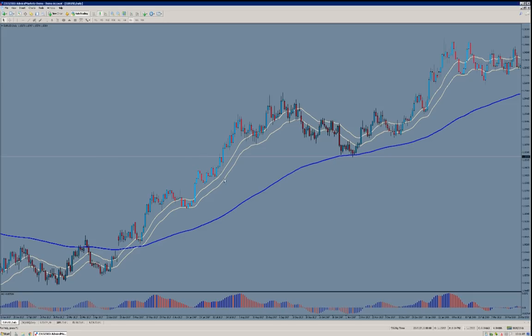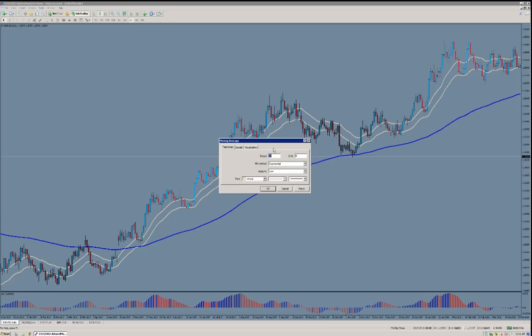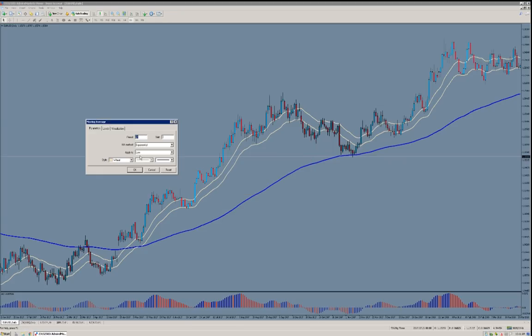And the other one is applied to the low of each candle. So my settings here are 21 as the period, exponential as the method, and apply to low. So basically that's why there's a slight offset.